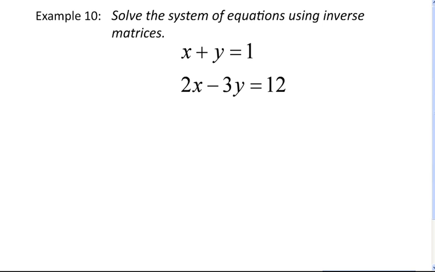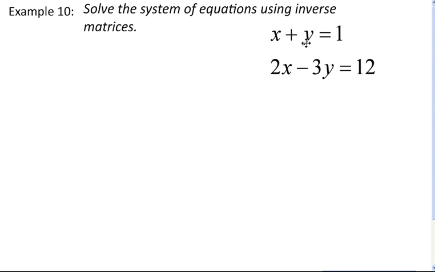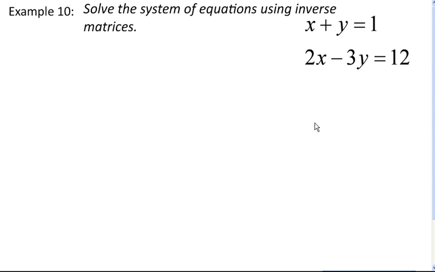All right, example 10. So we need to solve this system of equations using inverse matrices. So I'm going to move some stuff over here to make it a little bit easier to work with. All right, so we have x plus y equals 1, 2x minus 3y equals 12. So first we have to go ahead and put it in matrix form.